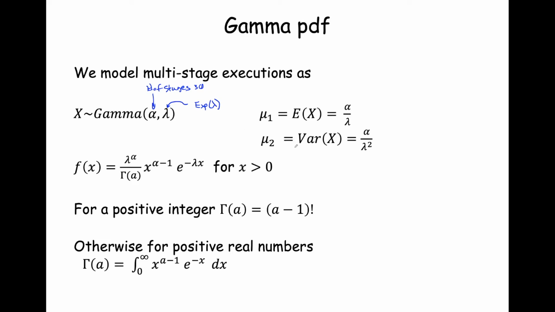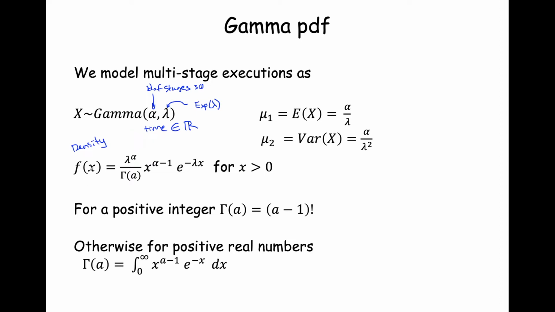Okay, so this is the probability density function, and this is a density function because the gamma distribution traffics in time, and time is real valued. It's drawn from some value on the real number line. So it's a continuous distribution, and continuous distributions have density functions.